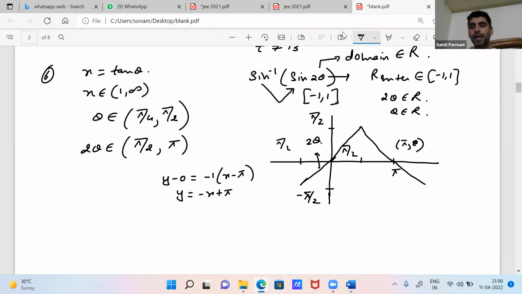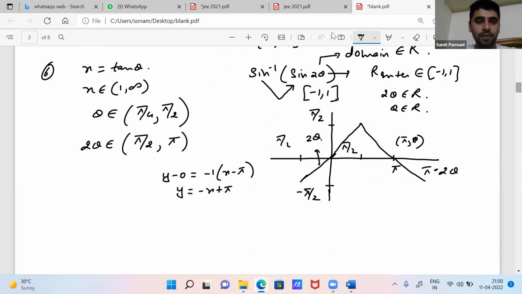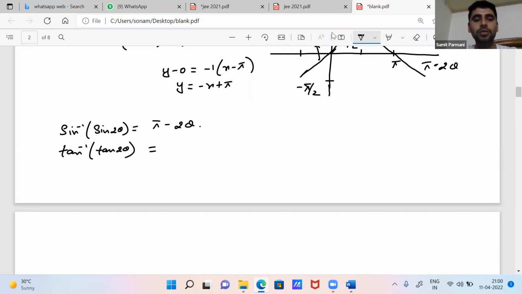Here x is 2 theta, so we have pi minus 2 theta. Is it clear? This is the curve of sine inverse sine 2 theta. Similarly, you can draw the curve of tan inverse tan 2 theta yourself. So sine inverse sine 2 theta is equal to pi minus 2 theta, and tan inverse tan 2 theta is equal to 2 theta minus pi.